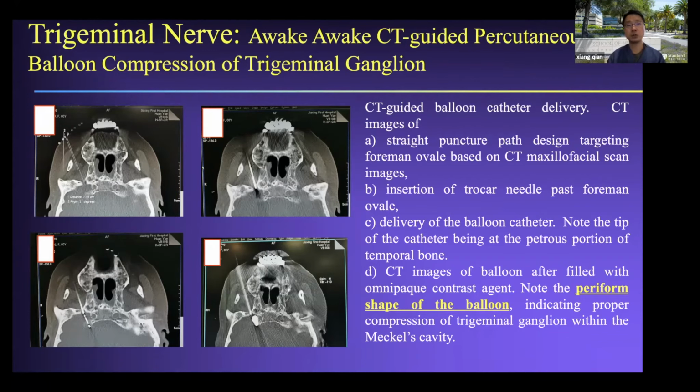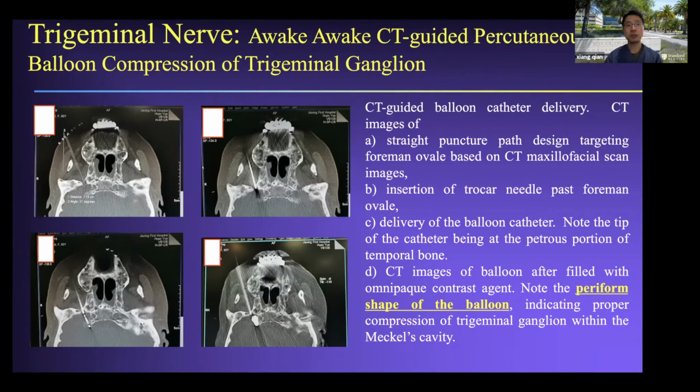So I started to work on balloon compression, because one, the mechanical pressure of the balloon you can actually control, so you gradually increase the mechanical pressure. Two, I could titrate to the patient's response, and I was able to do so.